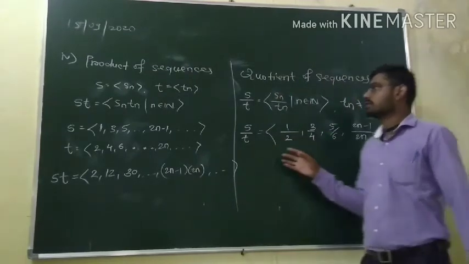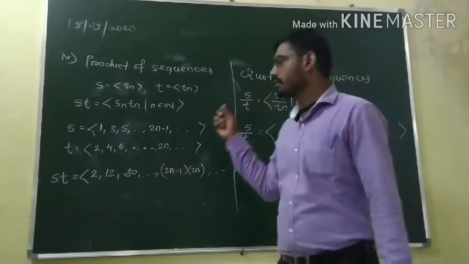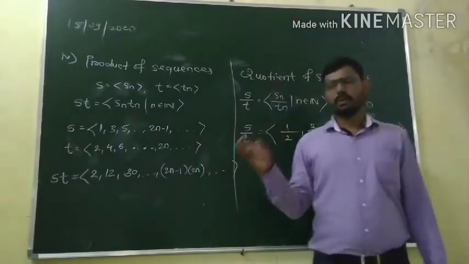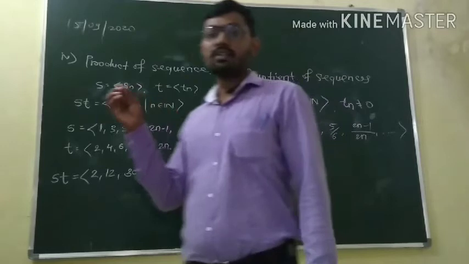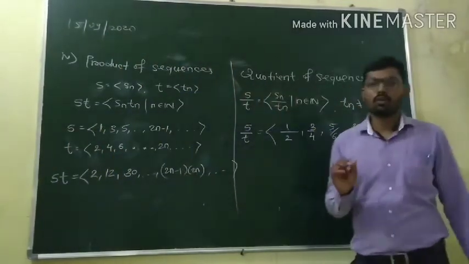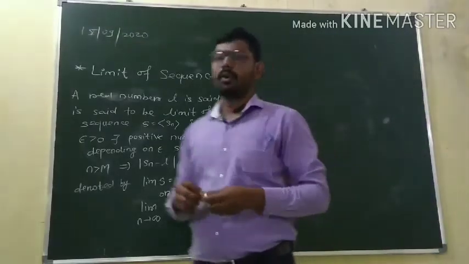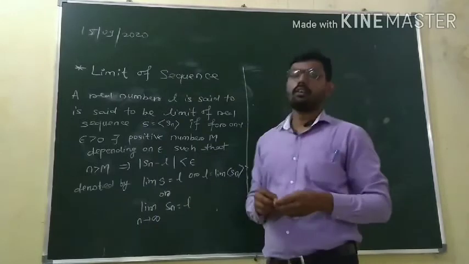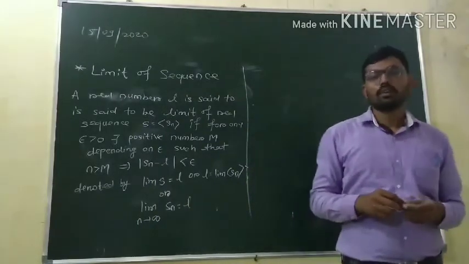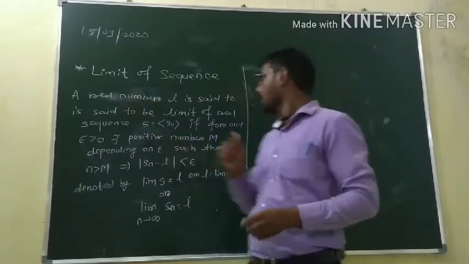Okay. So I think you will get the idea of these five terms: sum of sequences, difference of sequences, scalar multiplication of sequences, product of sequences, and division or quotient of sequences. Okay, so now the very important point, that is the limit of a sequence. We will go to the definition later. First we will see one example.